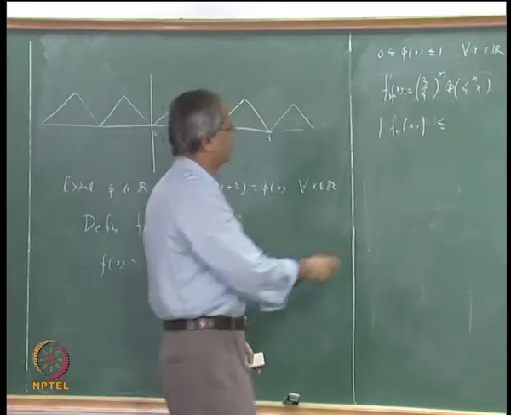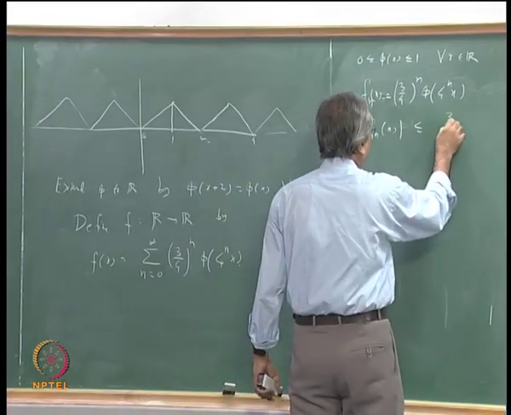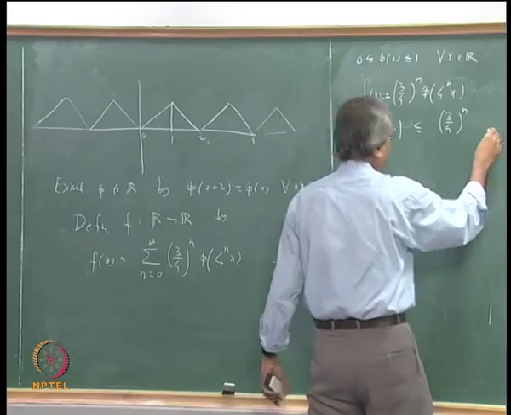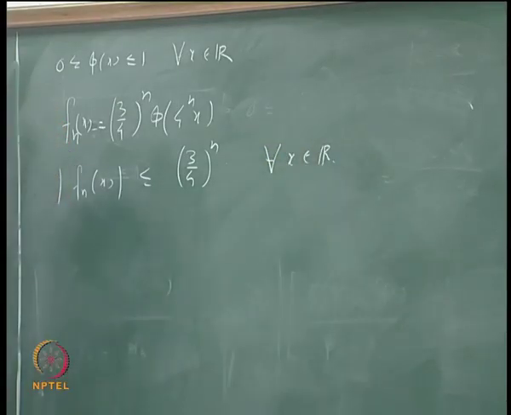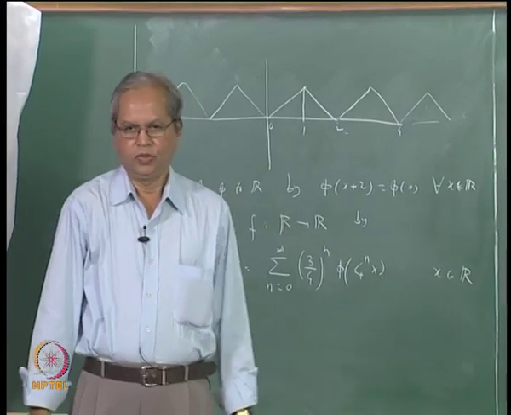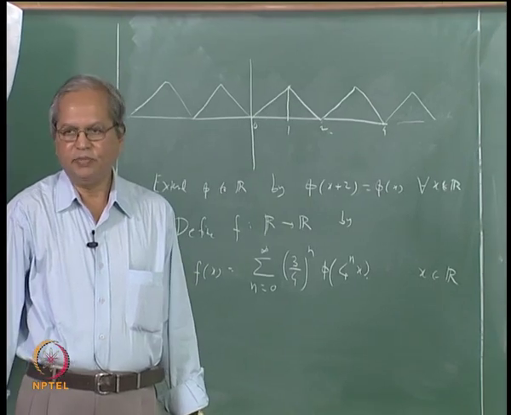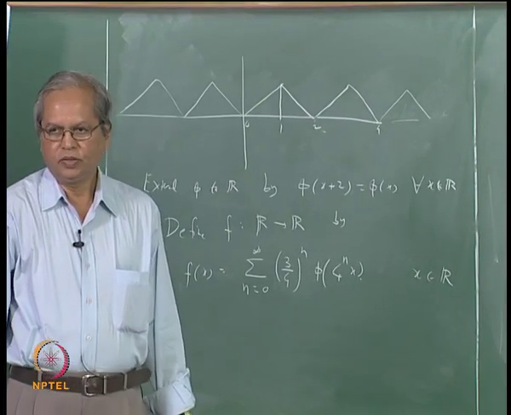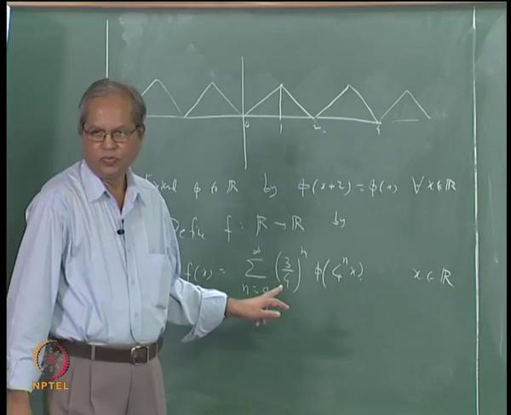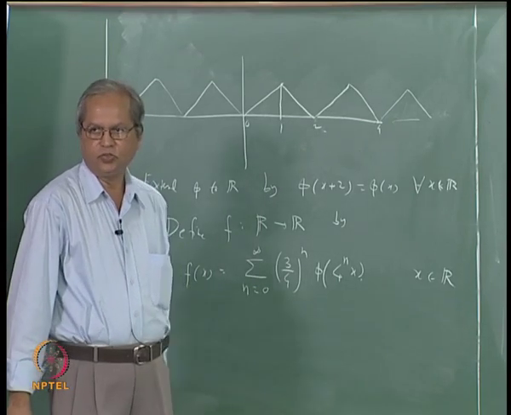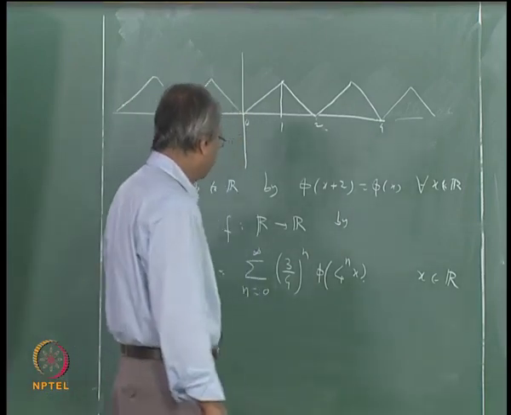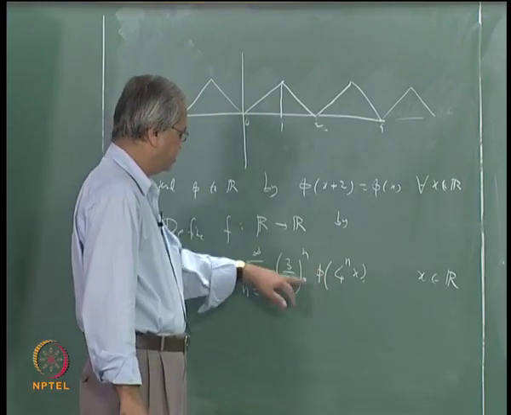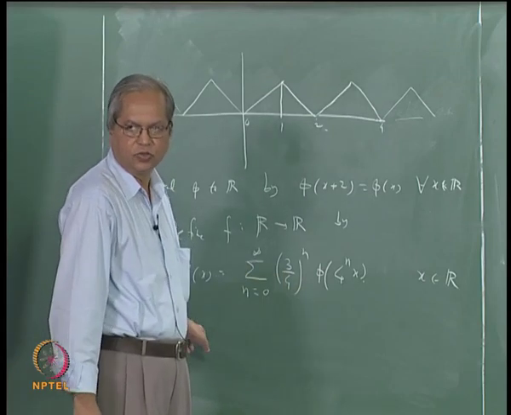And hence mod f_n of x is less than or equal to (3 by 4) to the power n for every x in R. And sigma (3 by 4) to the power n is convergent. So by the Weierstrass M test, the series converges uniformly, and we have said that once the series converges uniformly and if each function occurring is continuous, the sum is also a continuous function.